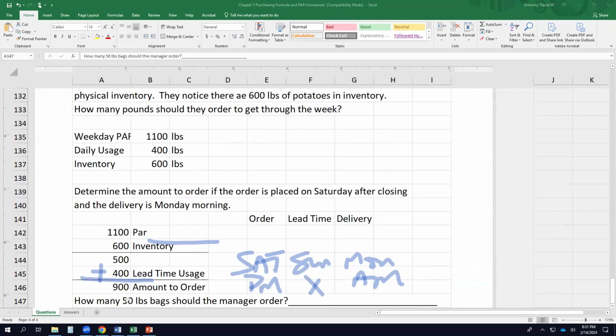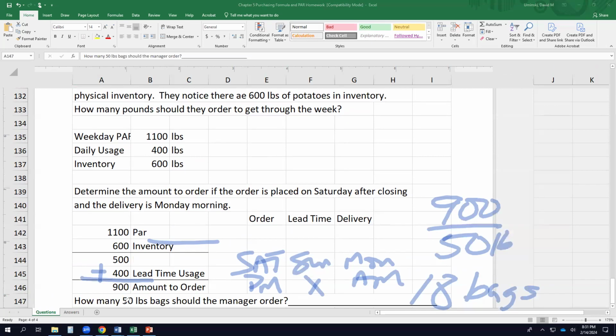And if I want that in 50-pound bags, 900 divided by 50 is 18 bags, okay?